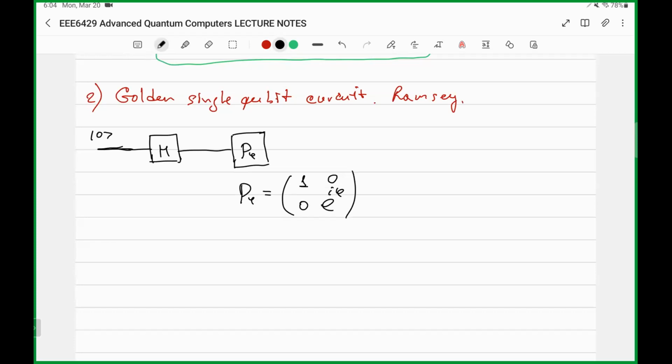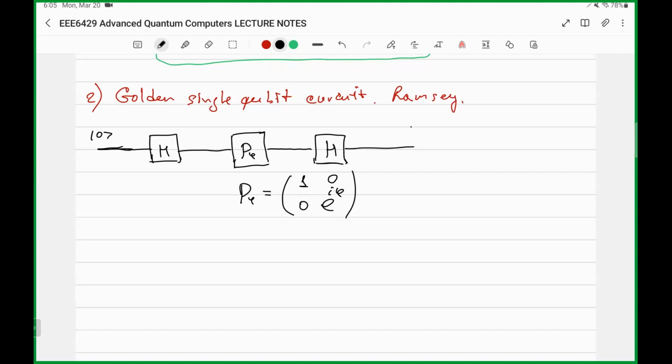So it doesn't change the state 0, but it multiplies the state 1 by this factor e to the power of i phi. So it basically depends on the phase, this phi. I change this phase by this operator P phi, and then I have to close my superposition by another Hadamard.